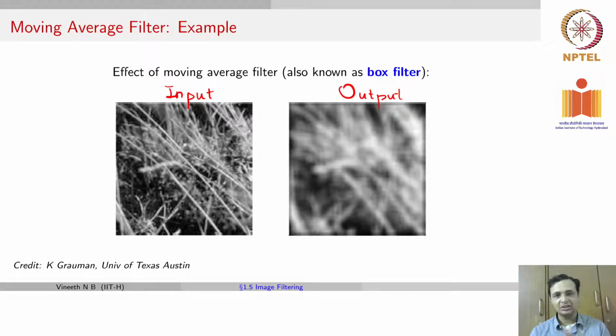By taking a local average, you're smudging the image at different pixels. So this is also sometimes known as a box filter, because the filter coefficients are all exactly the same. So it's a box in that sense. 1 by 9 in all those locations as we saw on the earlier slide.